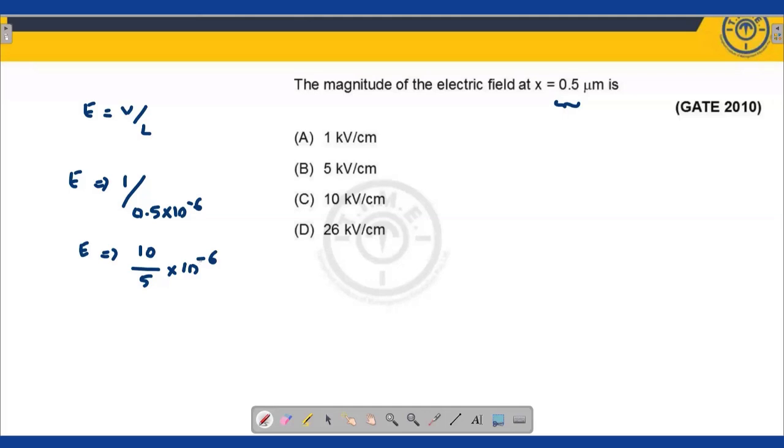So ultimately, he has changed the question over here. Wait a minute here. He is asking for the electric field at x equal to 0.5 micrometers.